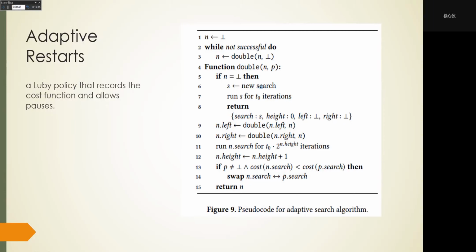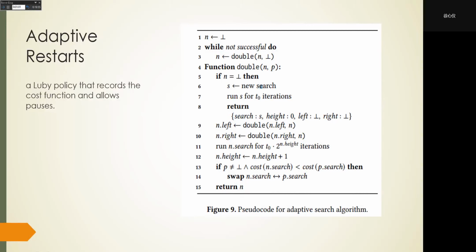And after that, it doubles the running time of the current node.